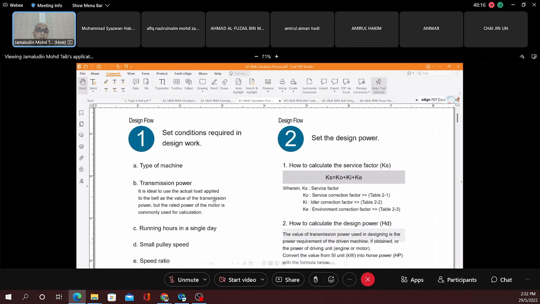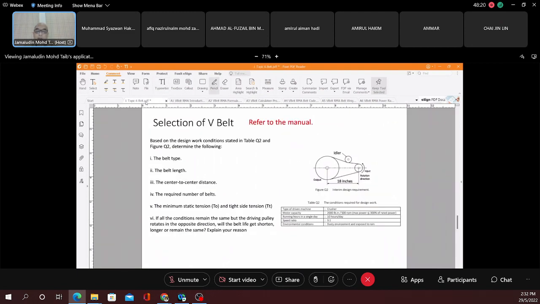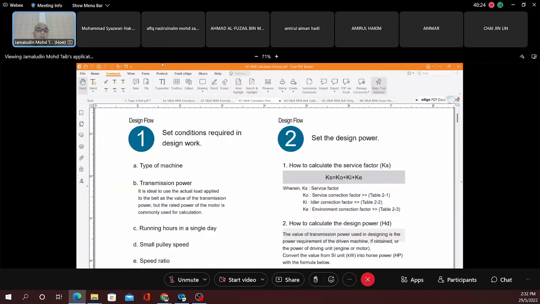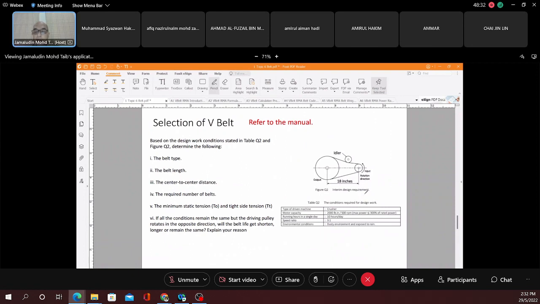Set the conditions required. Type of machine is a crusher, so I have to put crusher here. Power is going to be torque and RPM. The motor power is going to be 2000 pound-inch at 500 RPM.